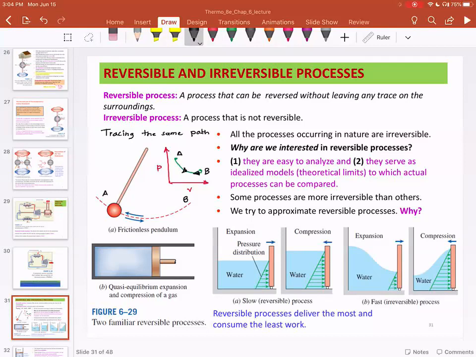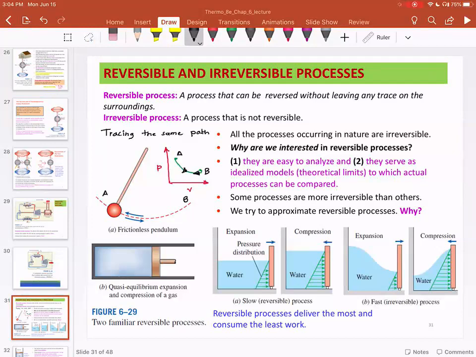On the other hand, an irreversible process is a process that is not reversible, which means if you were to go from point A to B, and even though you try to go from point B to A following the exact same path, there will be some thermodynamic effect.